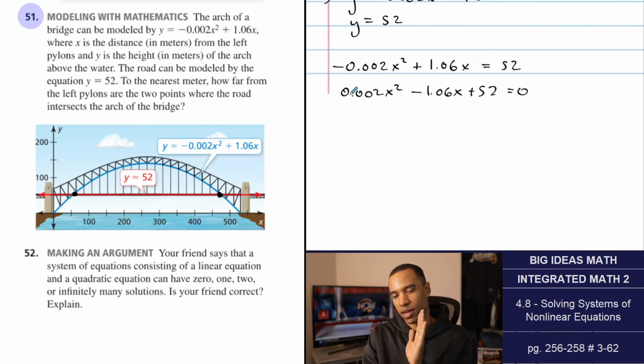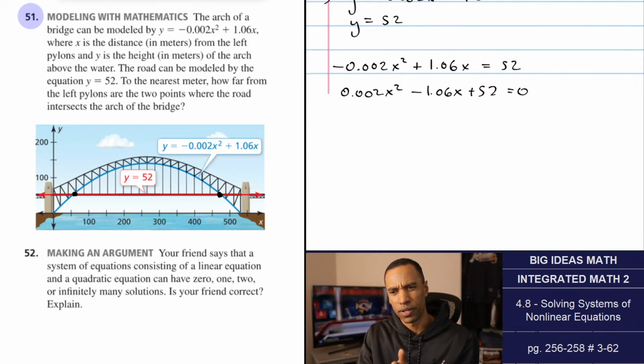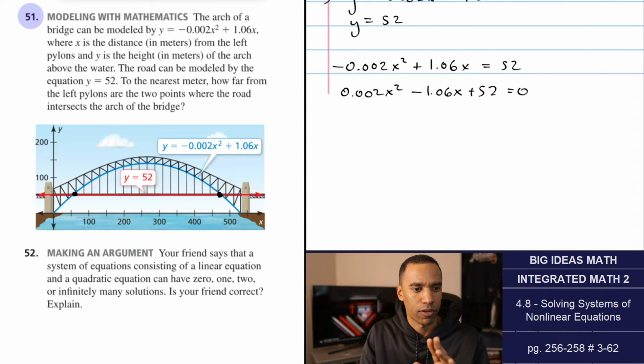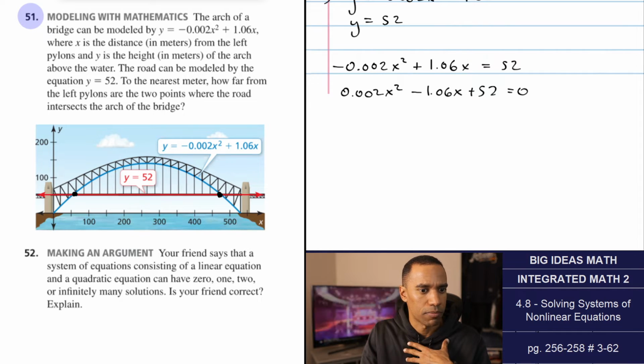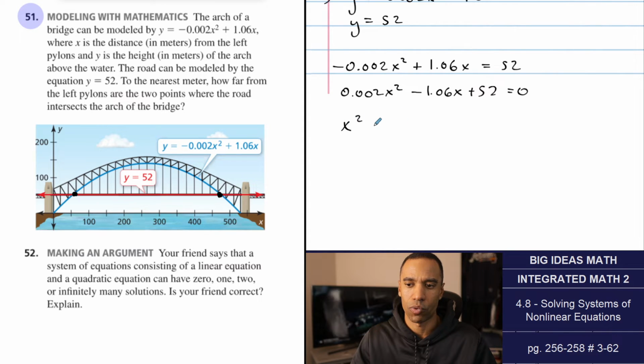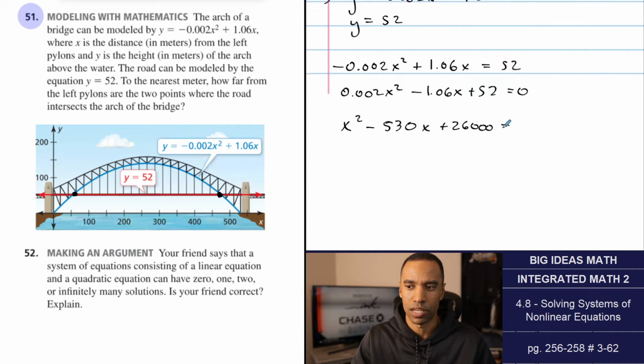So if I multiply by 500, since 0.002 times 500 gives 1, I multiply 1.06 times 500, and 52 times 500. For some reason, I'm just big on having whole numbers. So my equation is now x squared minus 530x plus 26,000 equals 0.